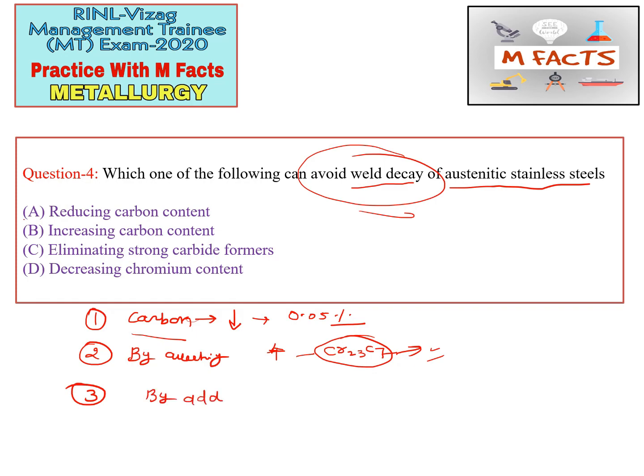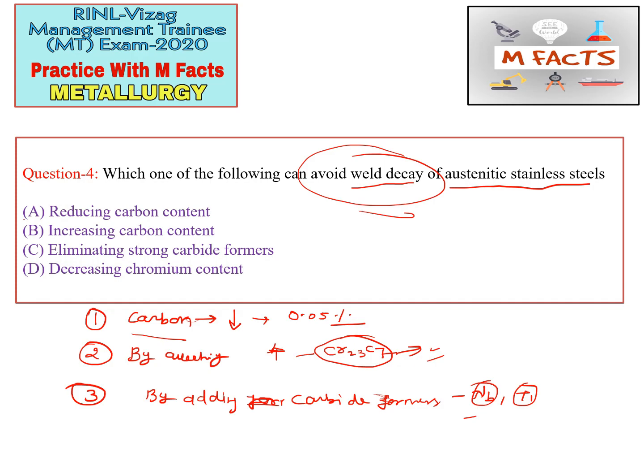The third one is by adding carbide formers. So what are the carbide formers? Basically these are niobium and titanium in this type of steels.